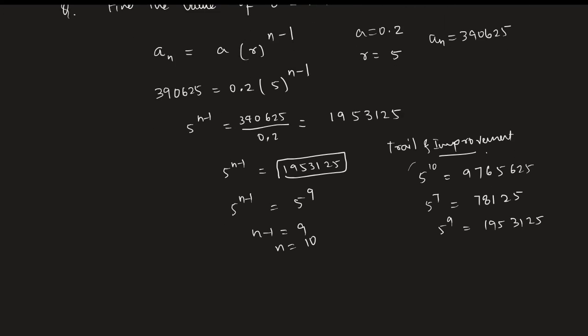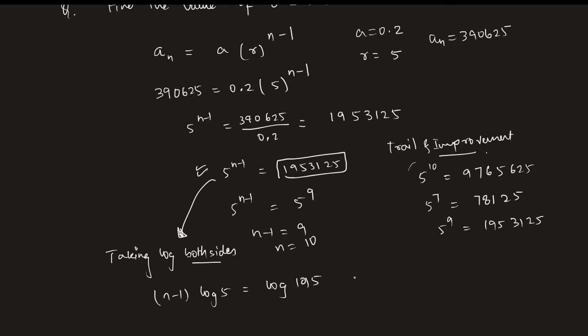This is one way of doing it. Or from here we can take log on both sides of this equation. So n minus 1 times log 5 equals log 1953125.